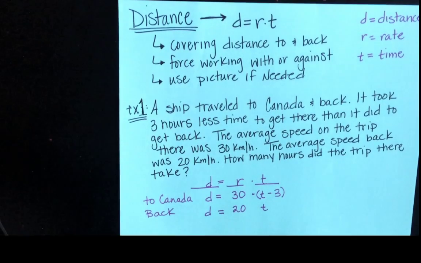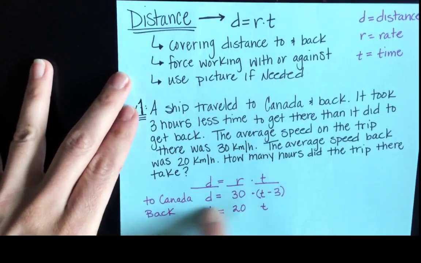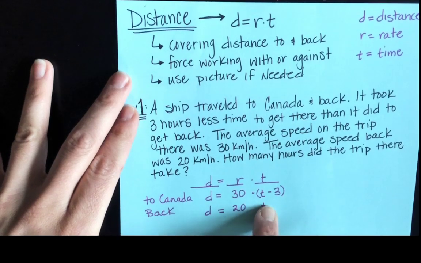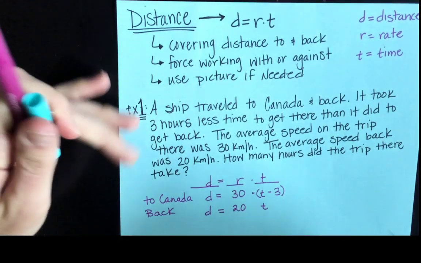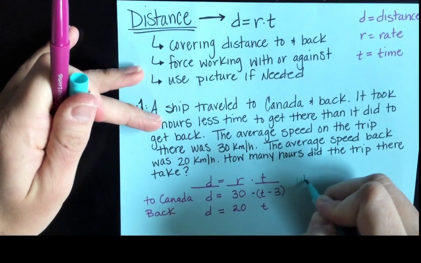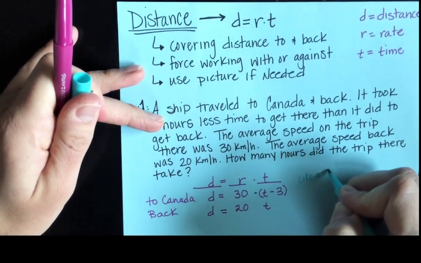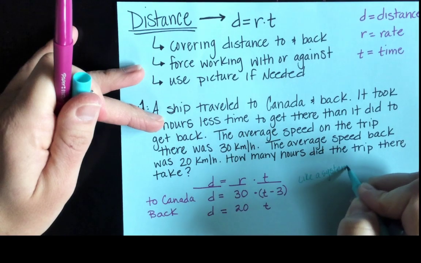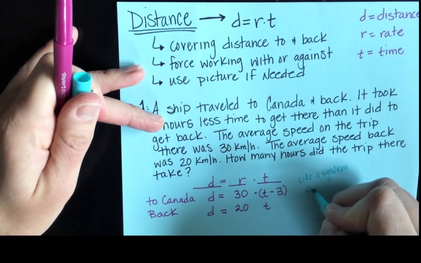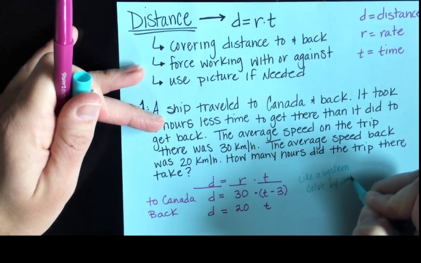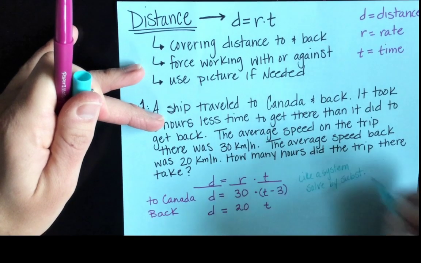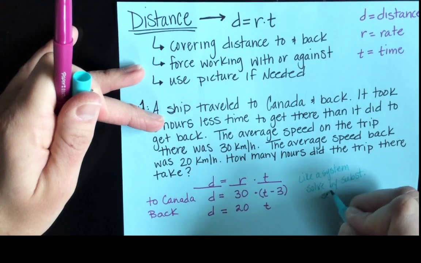This ultimately looks like a system. You have two equations, you have two variables. This acts like a system. We're just solving by substitution. And all we're going to do is set equal to each other.